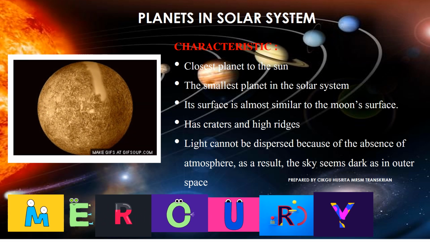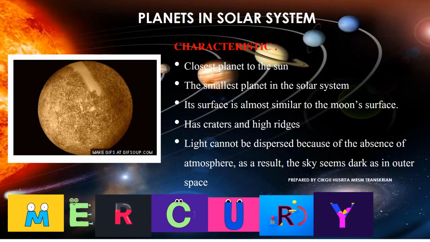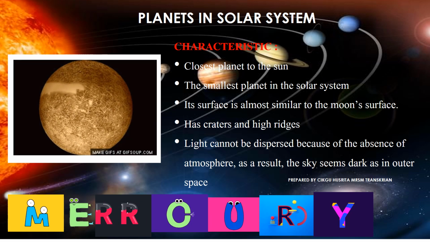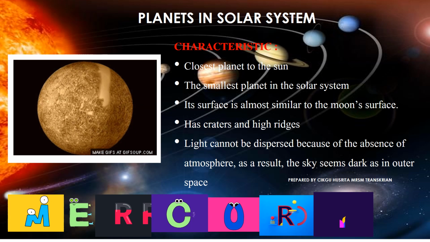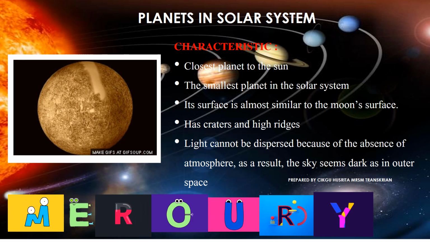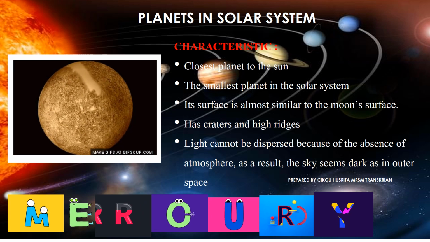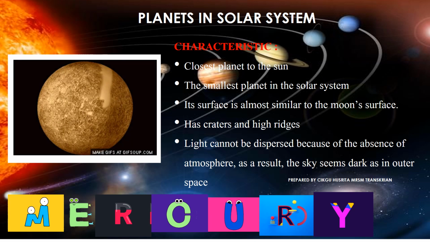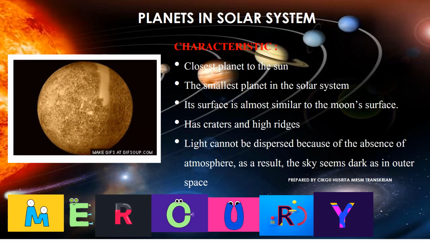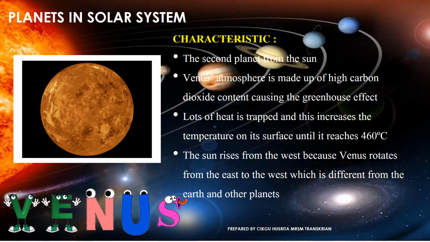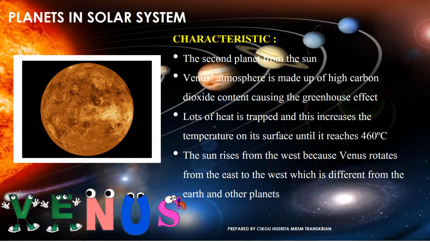So you can see the outer layer seems dark in color. This is the first planet, closest to the Sun and the smallest planet in the solar system, which is Mercury.